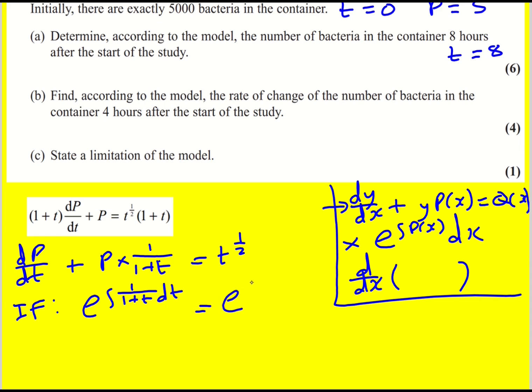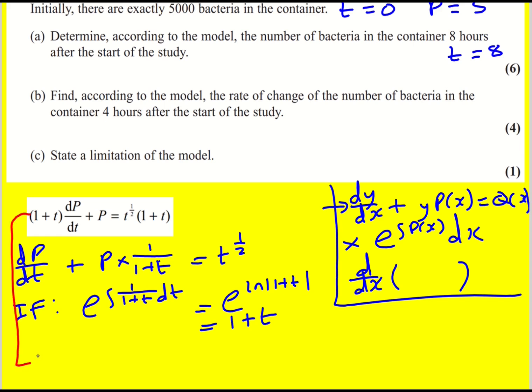This ends up becoming e to the ln 1 plus t. And the e and the ln cancel, so actually we're going to be multiplying through by 1 plus t. And in fact, we get back to the very beginning. But you wouldn't know that to start with.